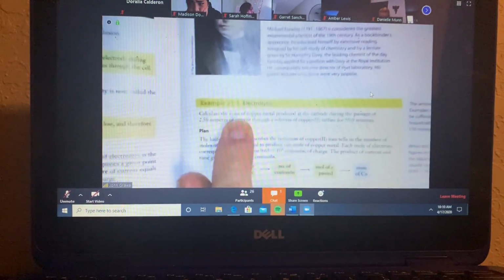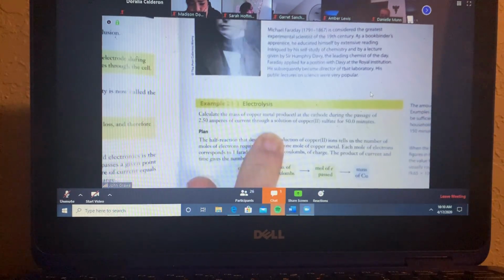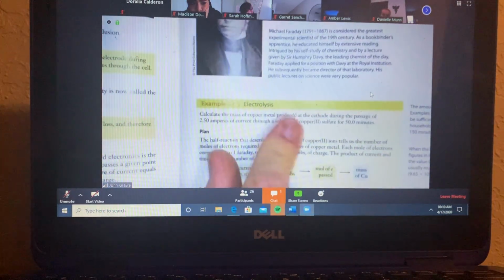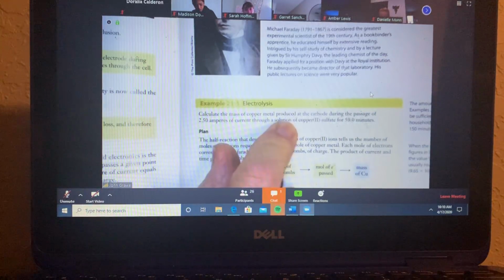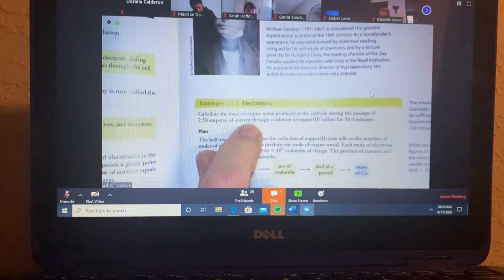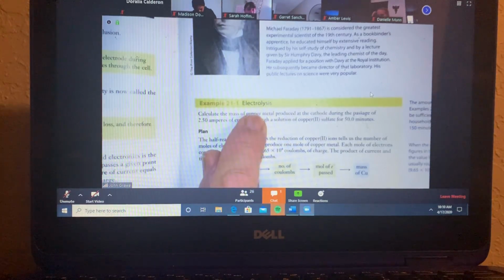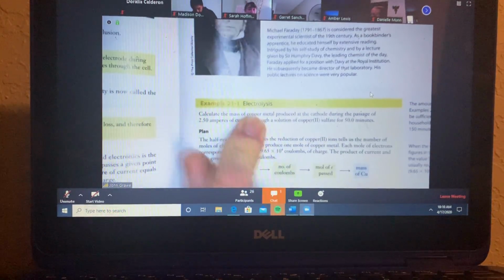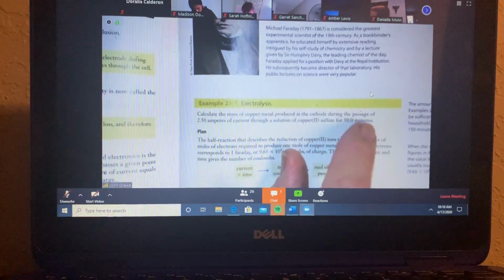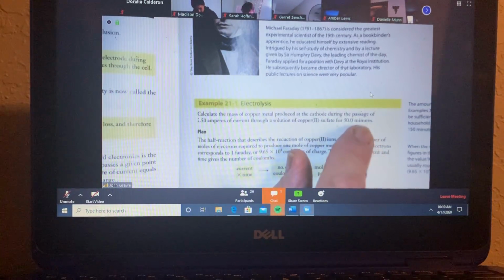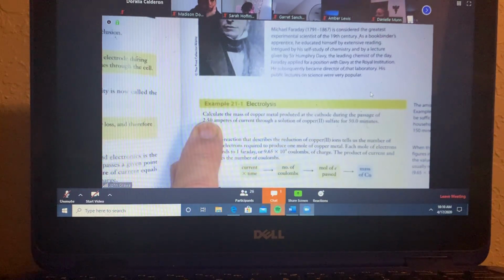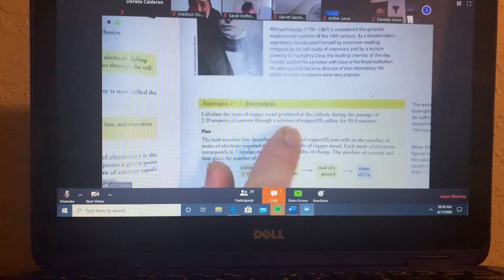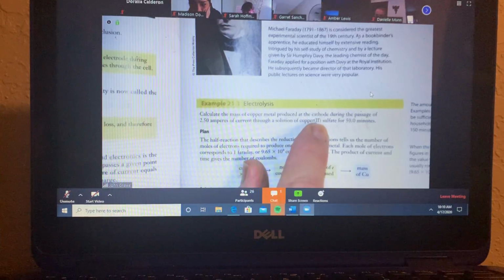Here's our given. So we'd expect this on the exam 3. We won't have this on a quiz, running out of time. So we're going to calculate how much copper would be generated. It would be a reduction. And we're going to pass 2.5 amps in a solution of copper 2 ions.